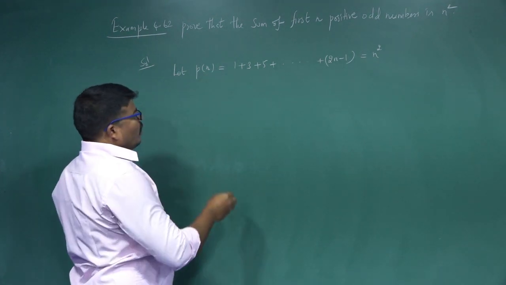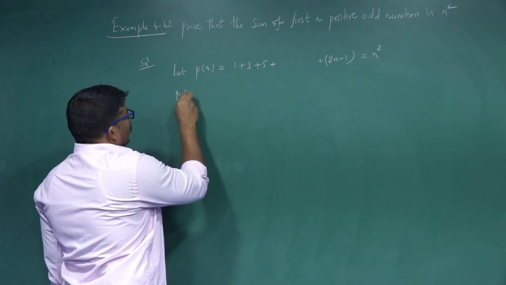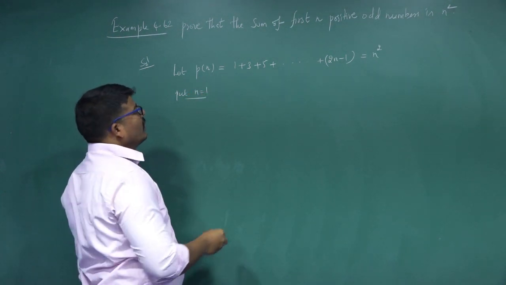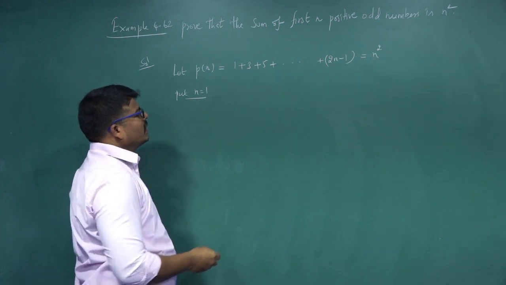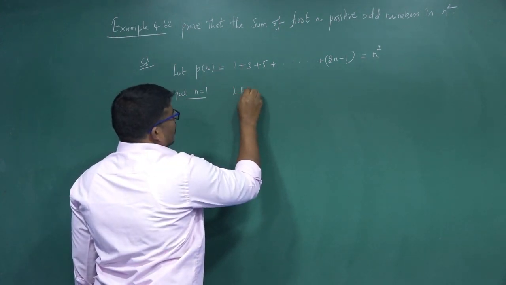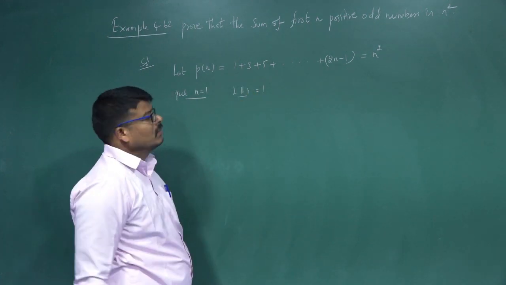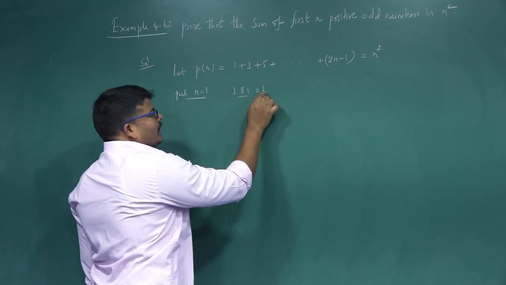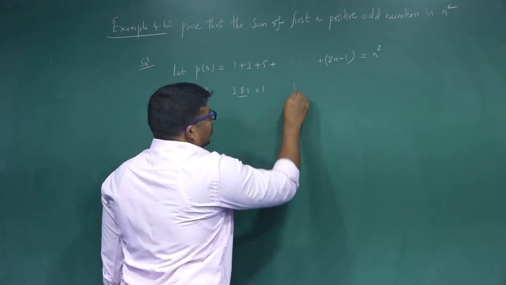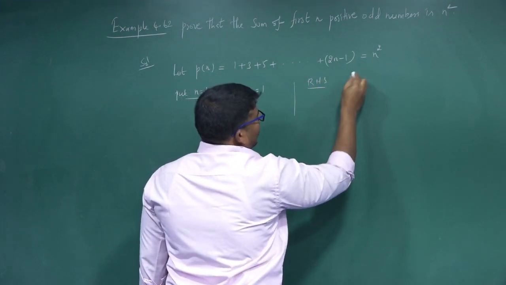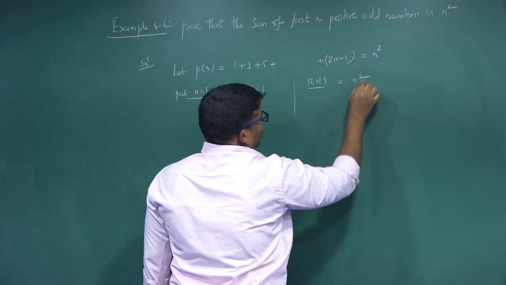Put the value n equal to 1. Take LHS, the left hand side. LHS equal to, n value is 1, first term is 1. And RHS, right hand side, equal to n square.